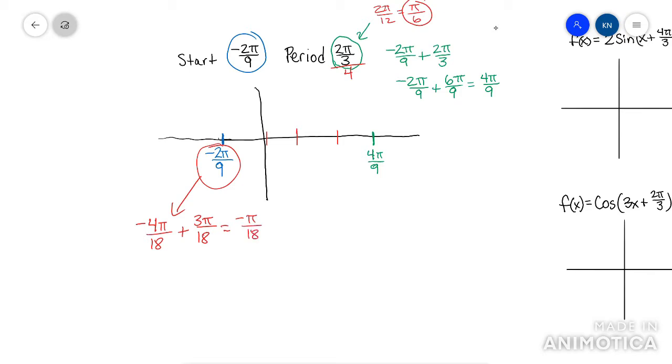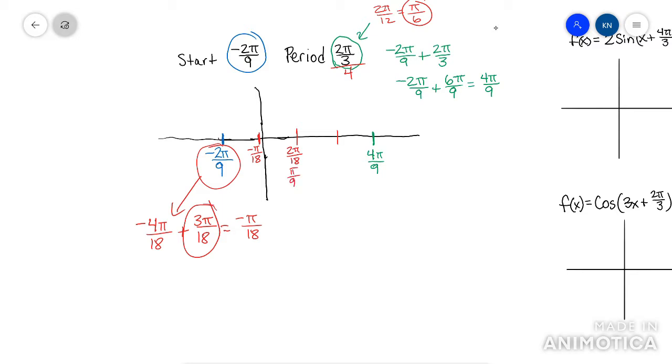I actually drew that red dot there on the wrong side of the axis. So my first one would be here at negative pi over 18. The next one, I would just be adding 3 pi over 18 each time. So that would be 2 pi over 18, which reduces to pi over 9.